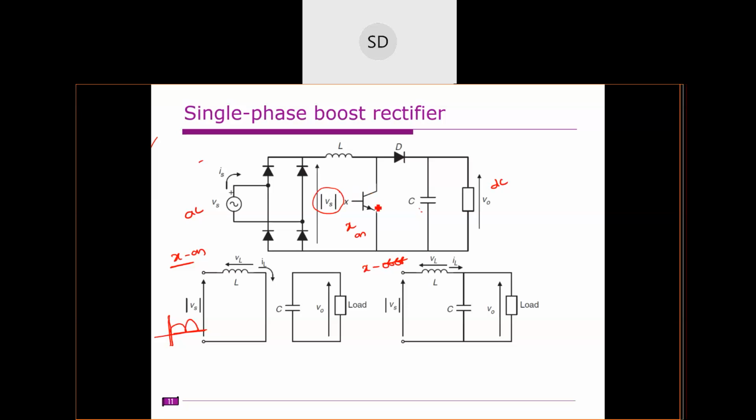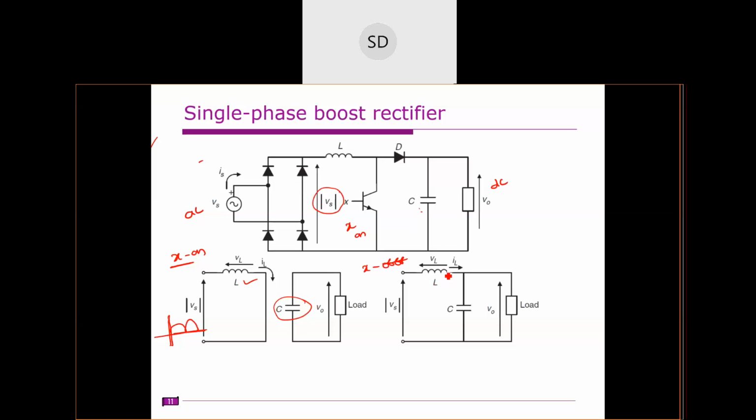When the switch is closed, the inductor will be energized and the load is fed by the capacitor. If you assume the capacitor is pre-charged or in steady state, this capacitor is feeding the load. This is simple boost converter operation.